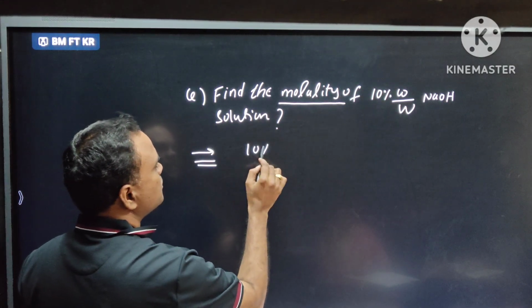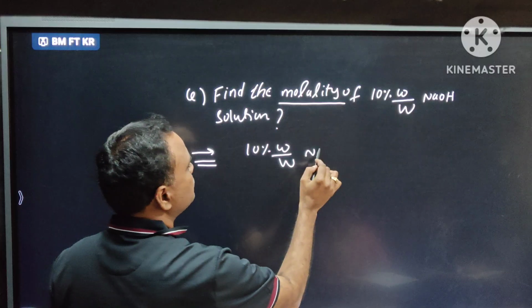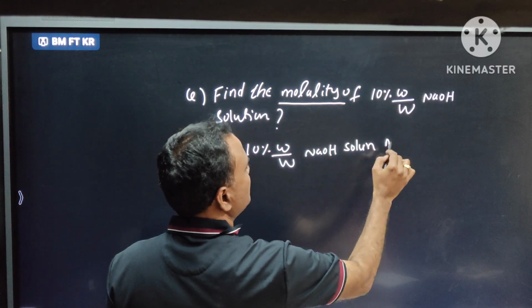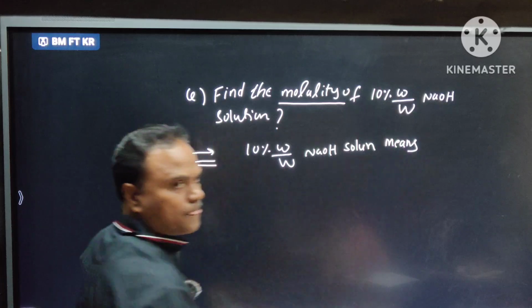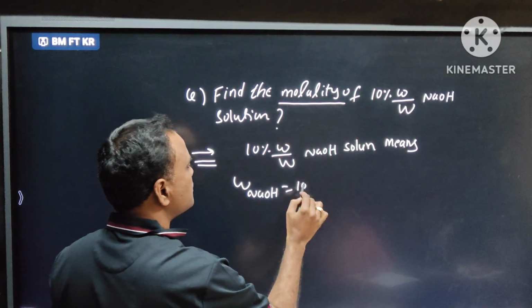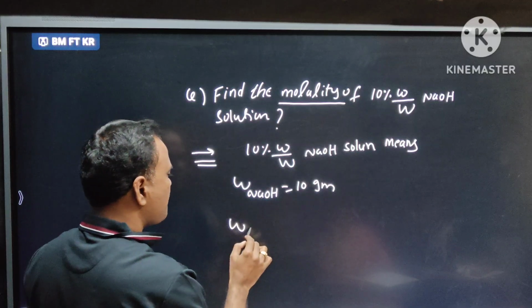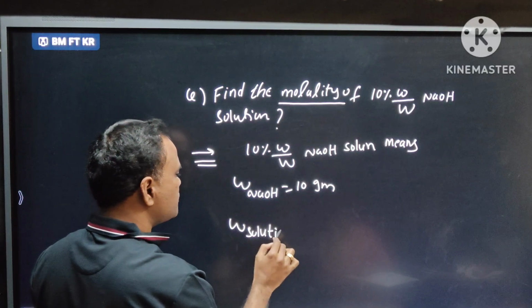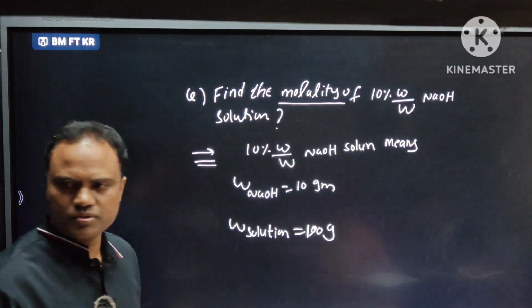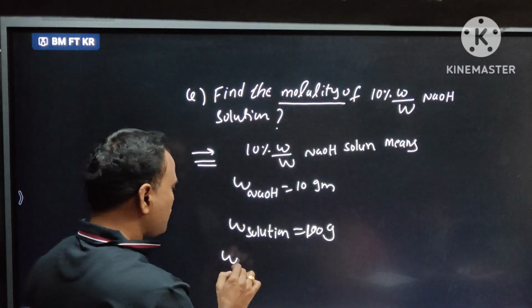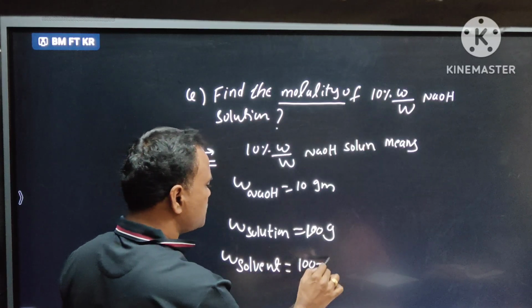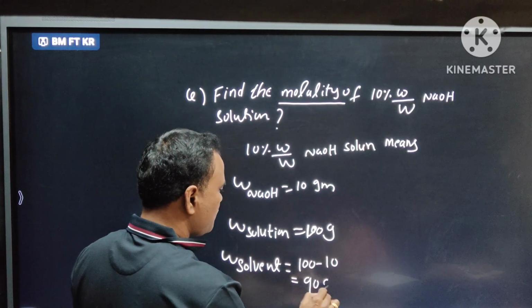So 10% W by W NaOH solution means weight of NaOH is 10 grams, present in 100 grams of solution. Then weight of solvent is equal to 100 minus 10, that is equal to 90 grams.